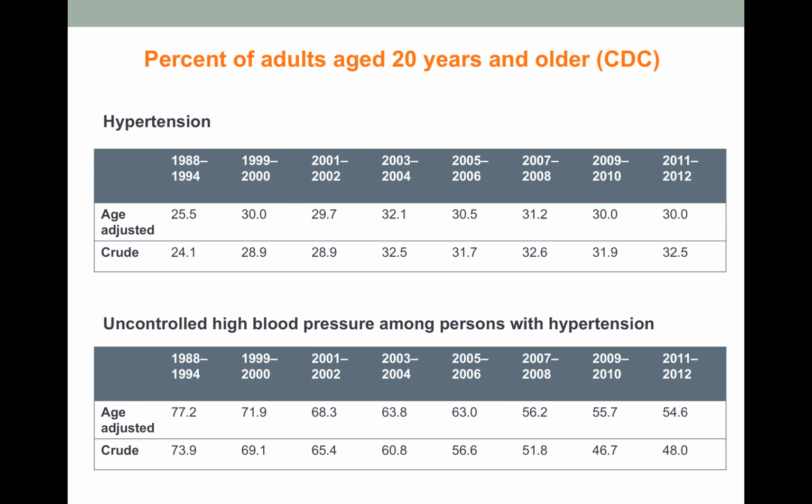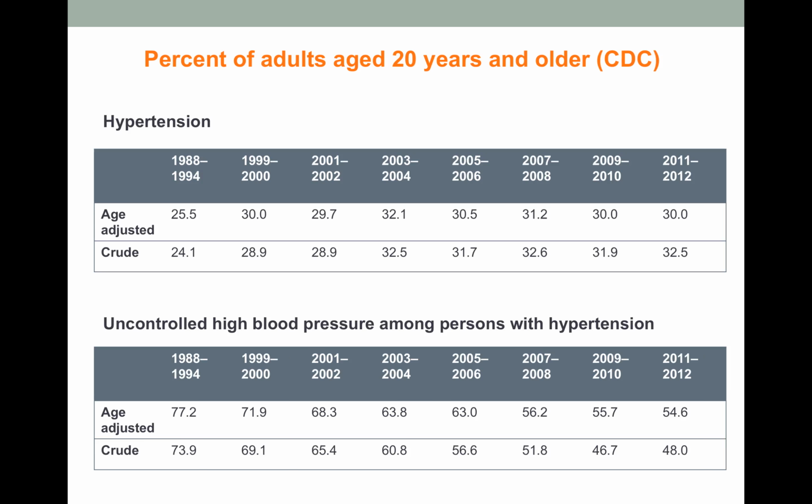So you can see that this data starts all the way back from 1988 and it extends out to 2012. So for age adjusted, we actually see that there hasn't been a huge increase in the prevalence of hypertension. So you see 25.5% in 1988 to 1994, and then it reaches 30% in 1999.